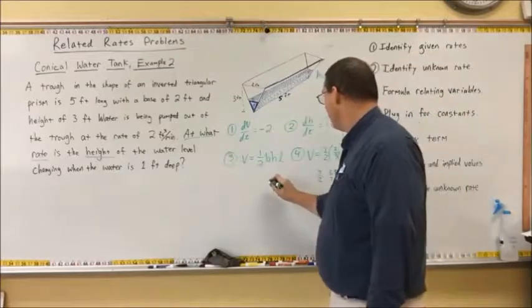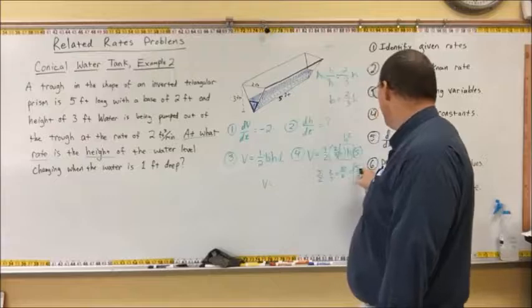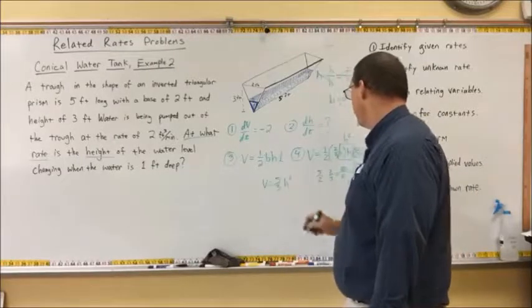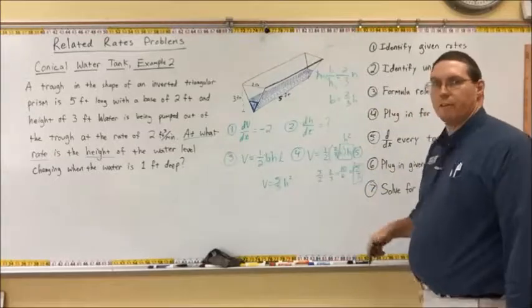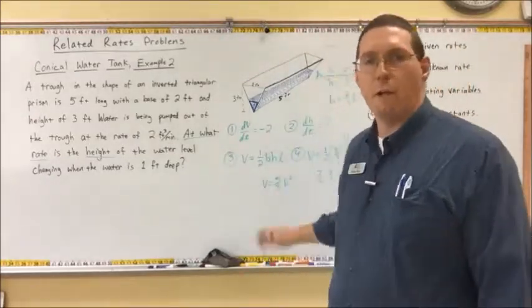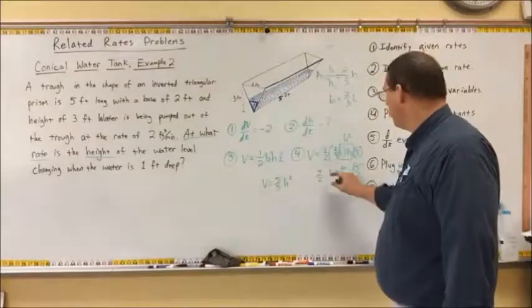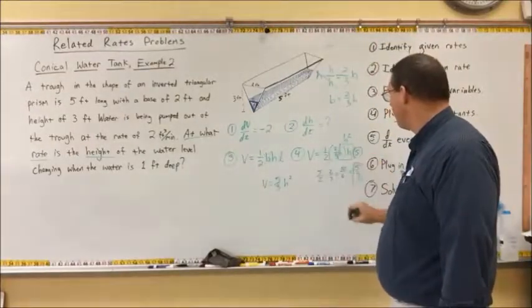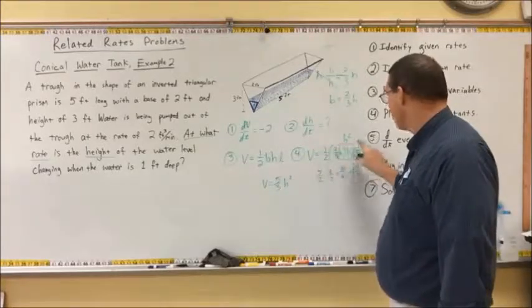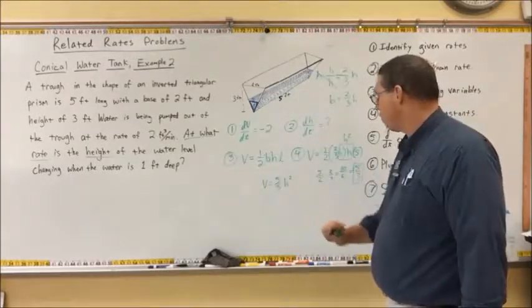And so now my real formula is volume is equal to 5/3 h squared. That's just when I clean everything up. I would encourage you to do that on a separate sheet of paper if you didn't follow along with what I just did. All I did was 1/2 times 2/3 times 5, and then h times h. H times h is h squared. 1/2 times 2/3 times 5 is 5/3.